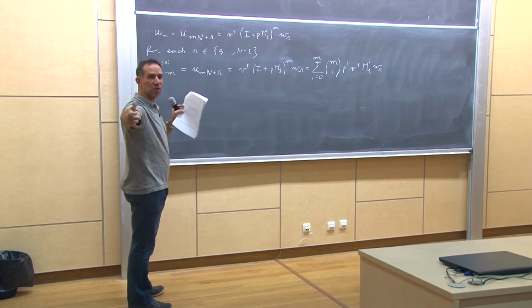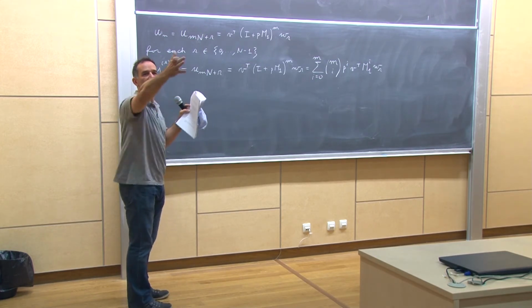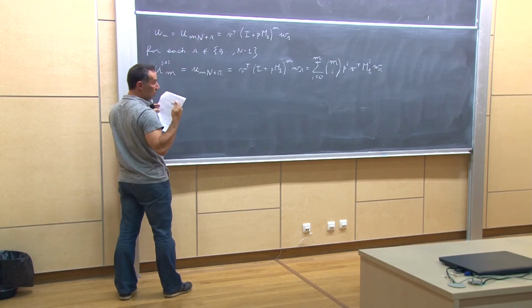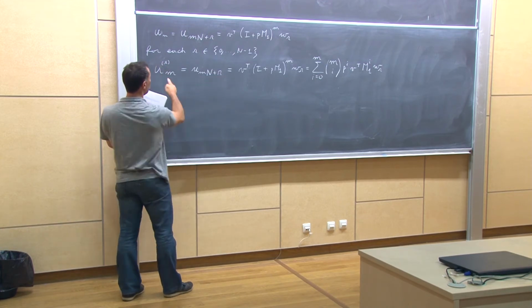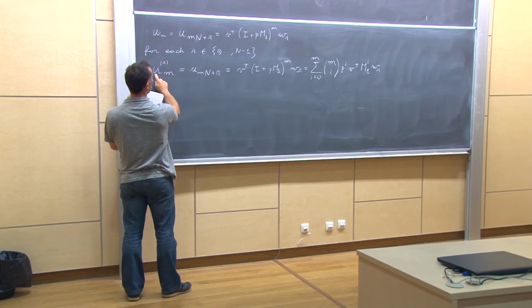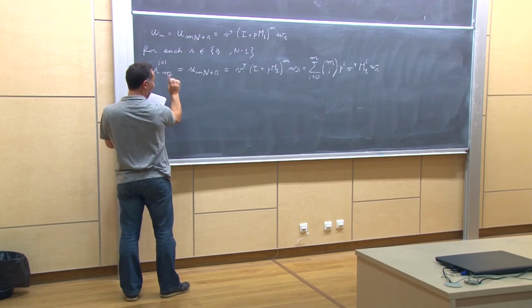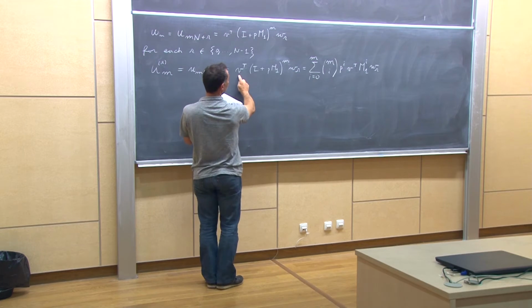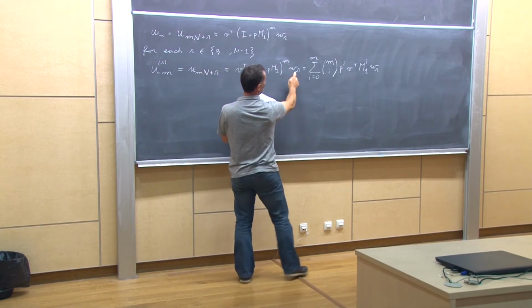So I fix an r, and I'm just indexing now with r, and m now ranges from 1 to infinity. This is a new sequence defined as u superscript r with sub m, just by definition, and it's V transpose, this matrix to the m, w_r.